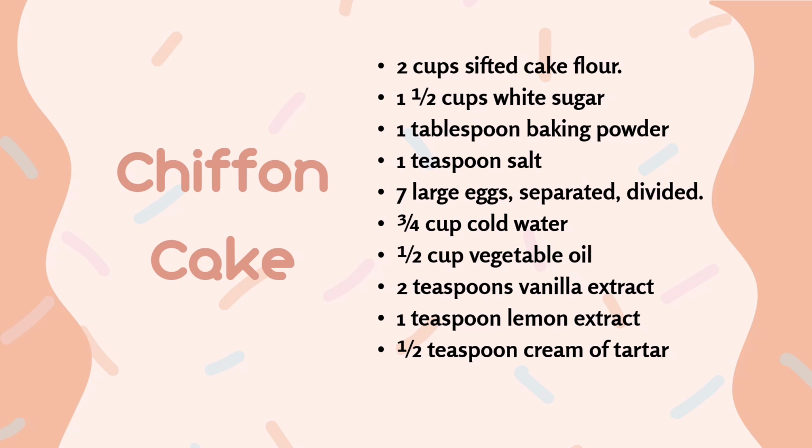So first is 2 cups sifted cake flour, 1 1/2 cups white sugar, 1 tablespoon baking powder, 1 teaspoon salt, 7 large eggs, separated, 3/4 cup of cold water, 1/2 cup of vegetable oil, 2 teaspoons of vanilla extract, 1 teaspoon of lemon extract, and 1/2 teaspoon of cream of tartar.